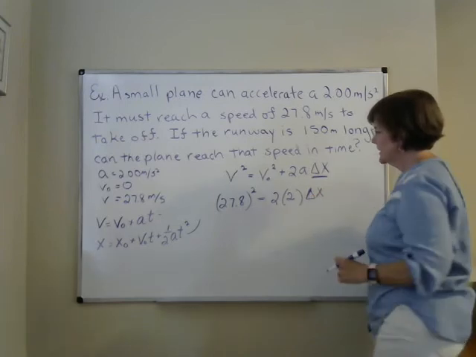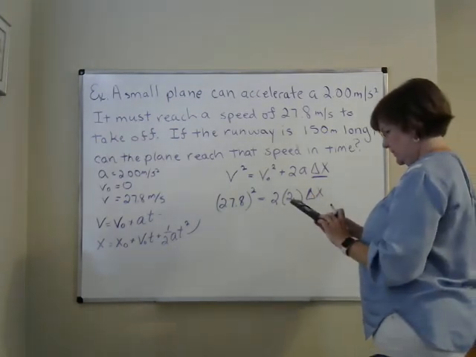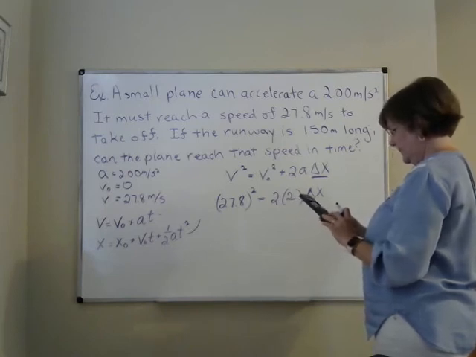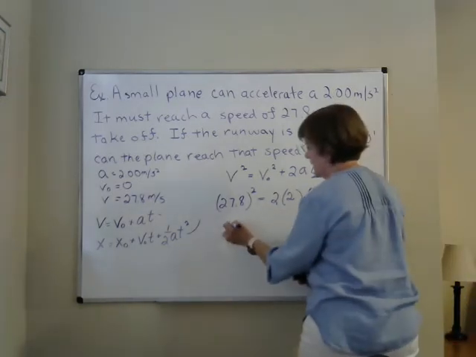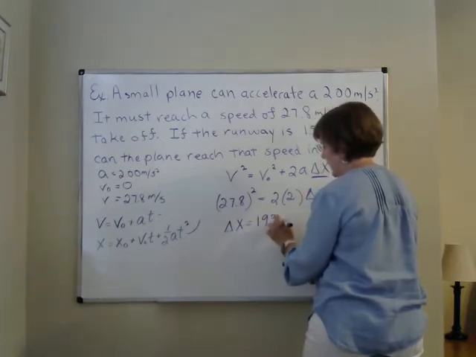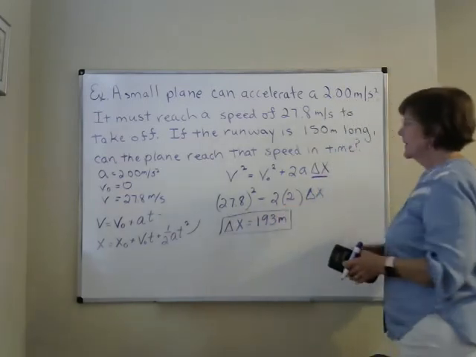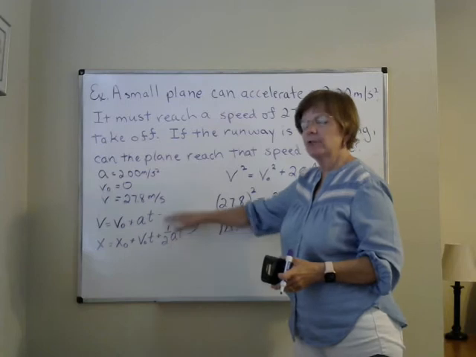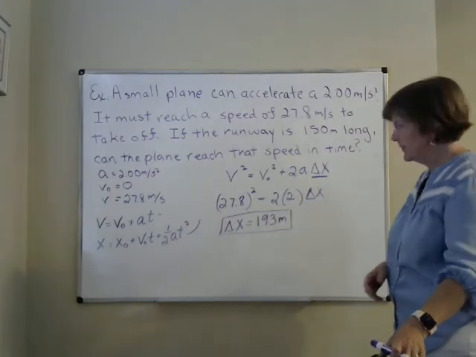So if I do 27.8 squared and divide by 4, I see that the displacement is 193 meters. Like I say, this equation was made by somebody already combining those 2 equations so that you didn't have to stop and solve for the time in the middle. Okay.